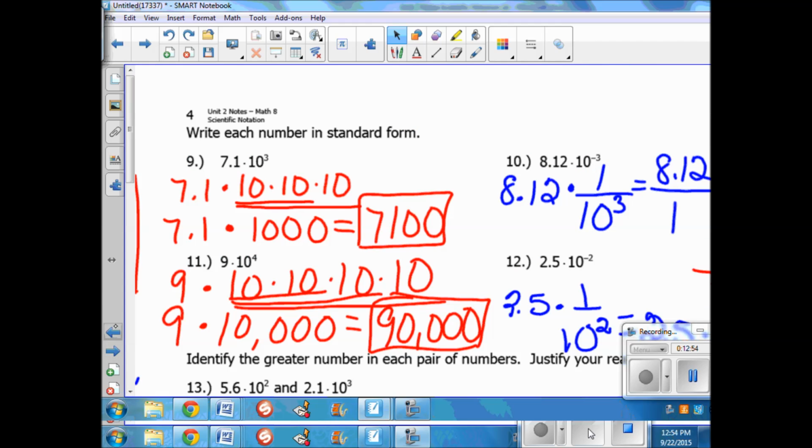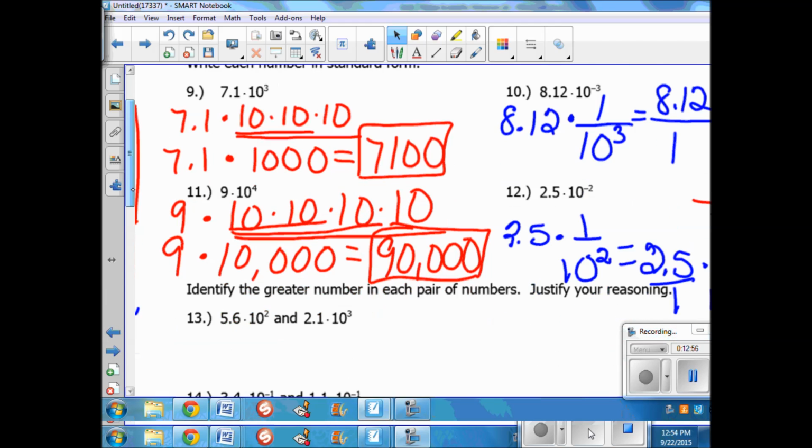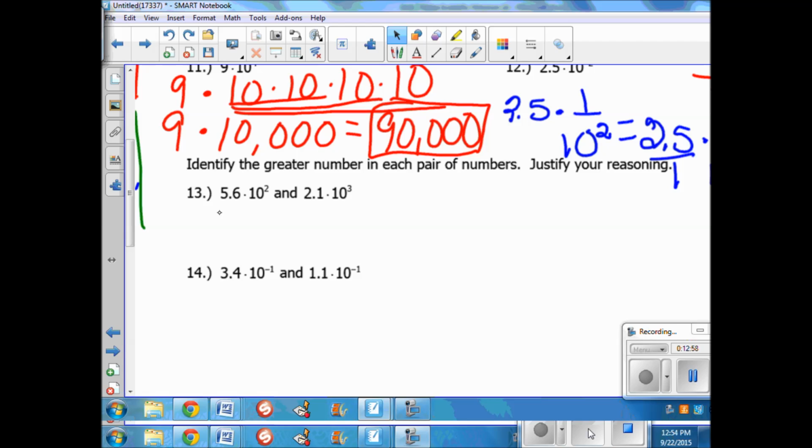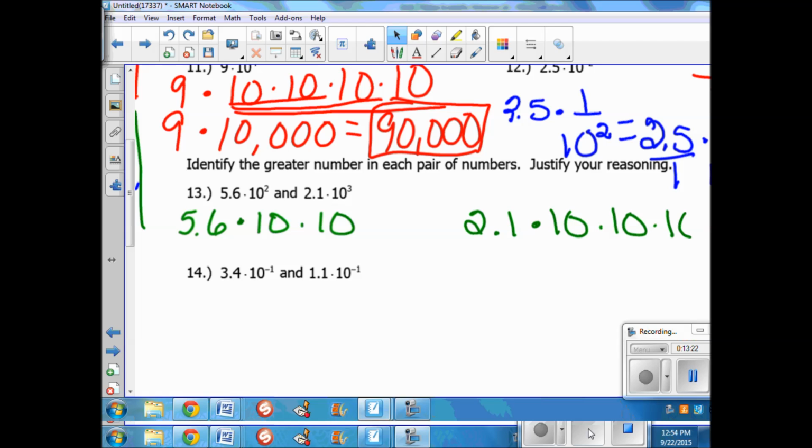So let's hop back over to the last two. It says, identify the greater number in each pair, justify your reasoning. So let's look at 5.6 times 10 to the second and 2.1 times 10 to the third. So this 5.6 means 5.6 times 10 2 times, and 2.1 times 10 3 times.